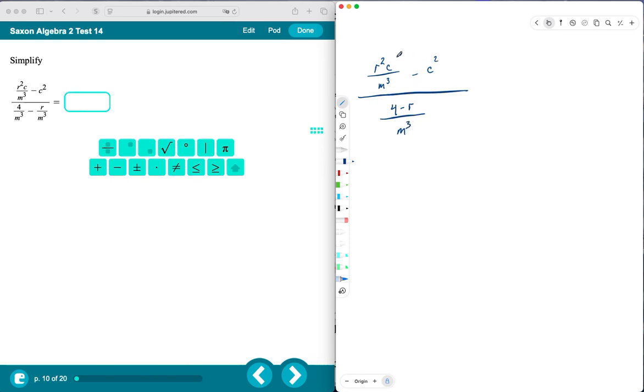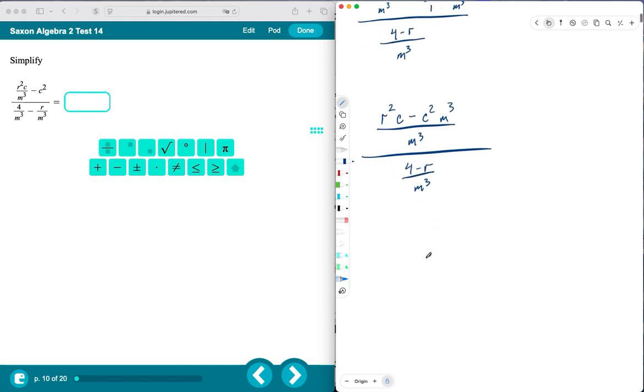I want to do the same thing up here. So I'm going to multiply this and turn this into a fraction and multiply this by m cubed over m cubed so that I can turn this into the same one. So when I do that, I get r squared c minus c squared m cubed over m cubed, all divided by 4 minus r over m cubed.